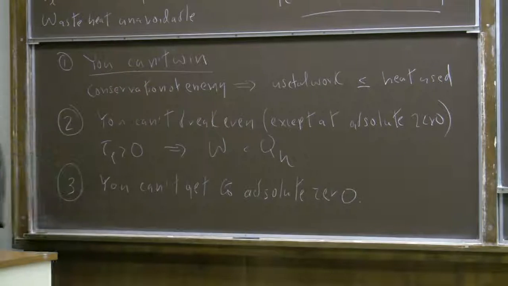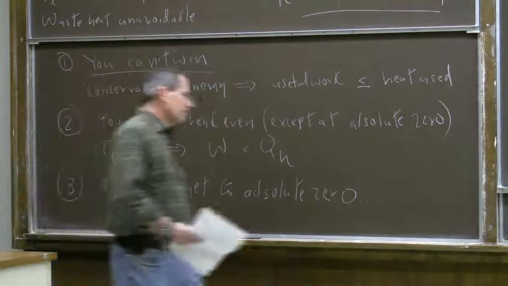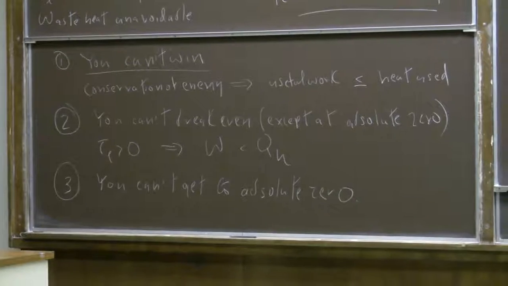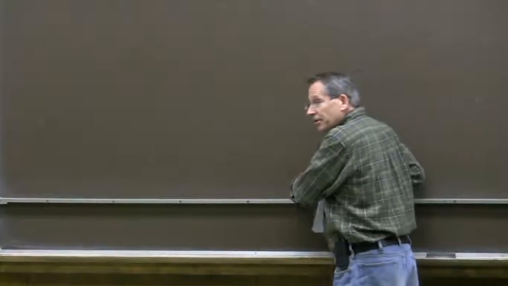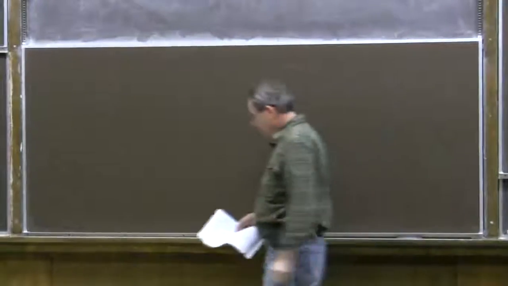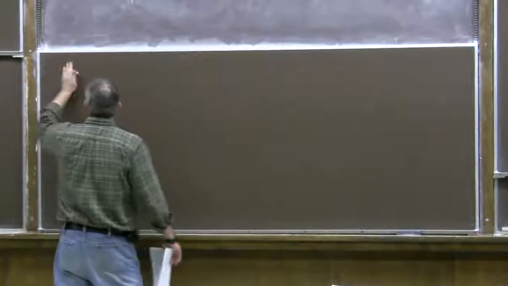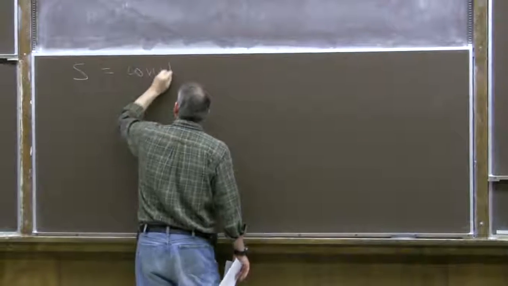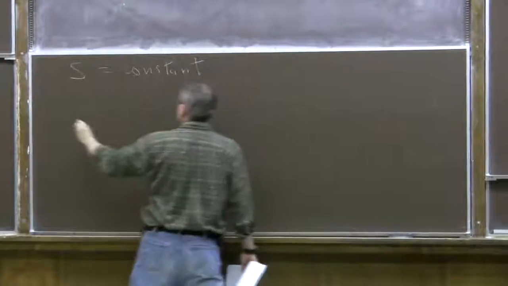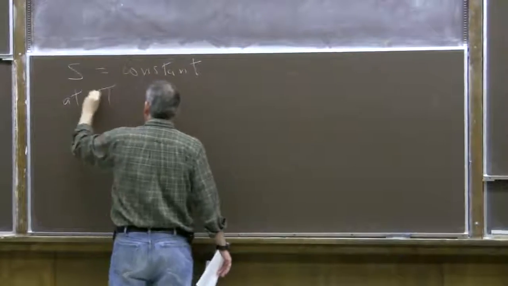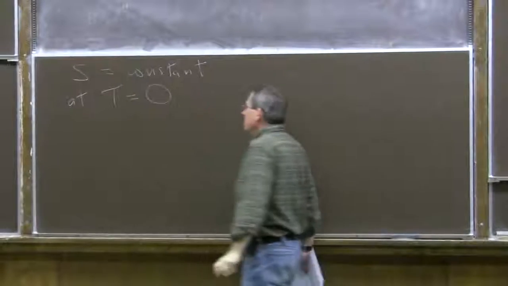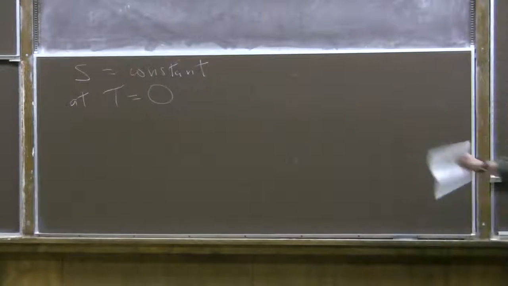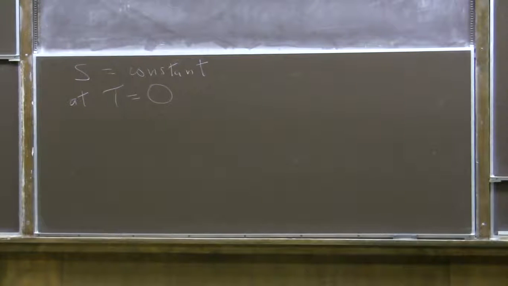Now, we haven't talked much about the third law, partly because from our perspective it's kind of trivial. It says that entropy equals constant at zero temperature. Constant as a function of whatever other control parameters we can adjust for the system.